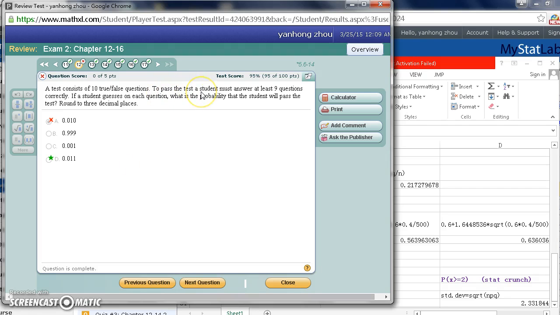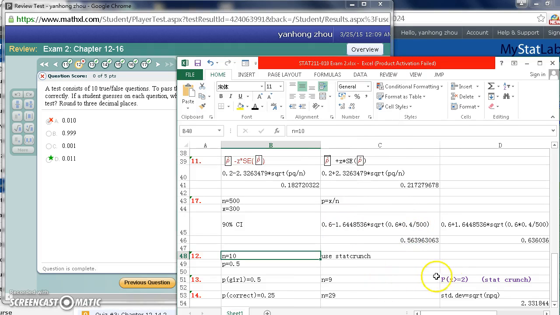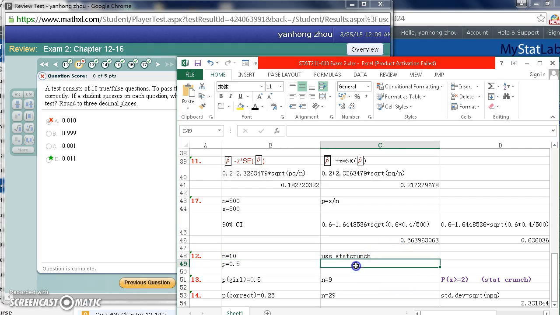To pass the test, you must answer at least 9 questions correctly, which means I need to find the probability x greater or equal to 9, right?